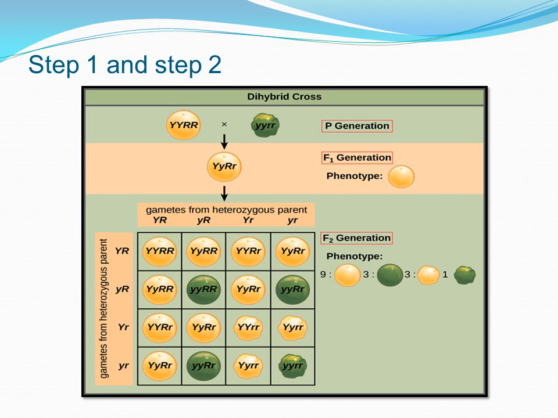Here we will be discussing the dihybrid cross. First let us see what contrasting characters we have taken. We have taken yellow and round, and this is green and wrinkled. The symbolic representation of yellow and round is capital Y and capital R, and green and wrinkled is small y and small r.